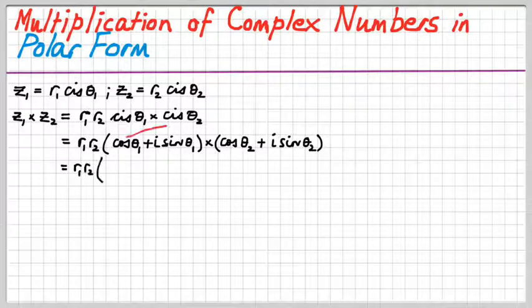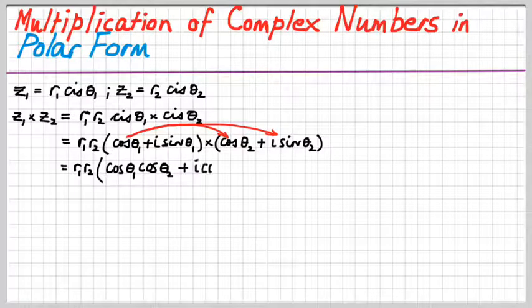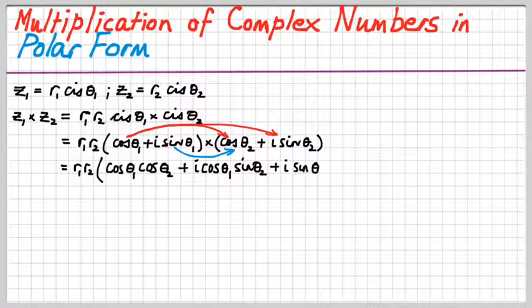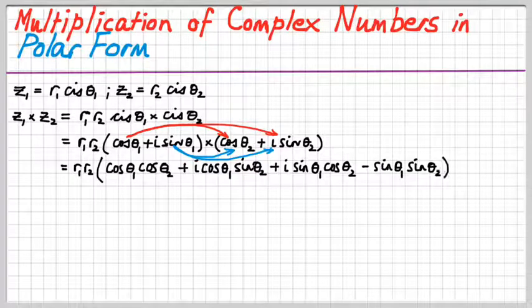Watch. First of all, you multiply those two terms and you get that. Agree? Now we're going to do the next two, and we get i times cos theta 1 sine theta 2. Now the next two gets i sine theta 1 cos theta 2, and then the last one gets us i squared, which is minus 1, minus sine theta 1 sine theta 2.